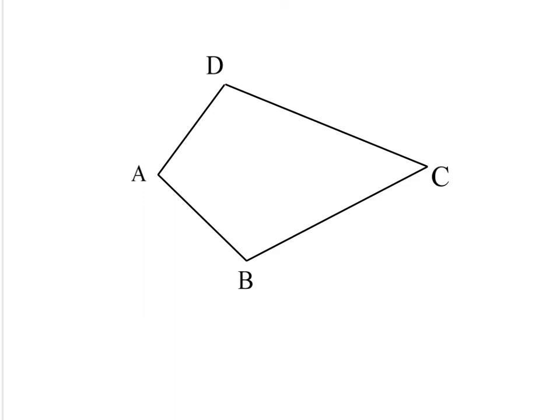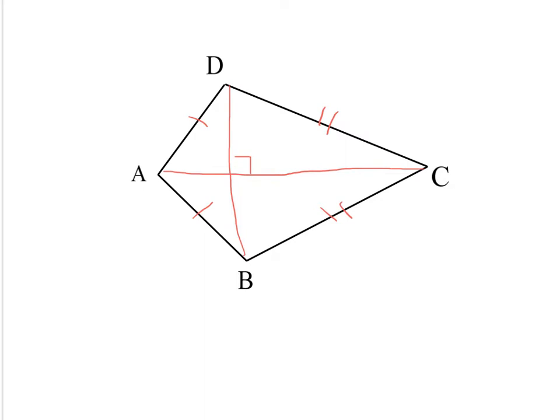Okay, so let's review the properties of the kite. A kite, by definition, has two pairs of consecutive disjoint congruent sides, so those sides are congruent like that. The diagonals are perpendicular, meaning that's a right angle. Now here come the half properties.